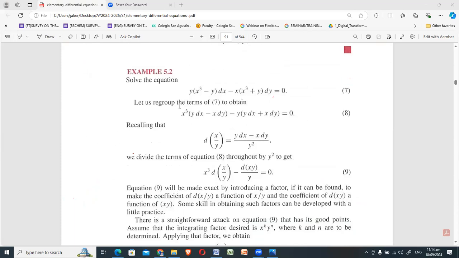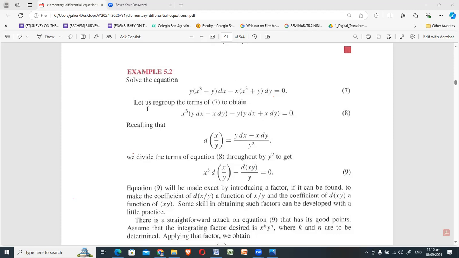You have y multiplied to the quantity x cubed minus y dx minus x multiplied to x cubed plus y dy equal to 0. Now in here, your M has 2 terms multiplied to y. Your N has also 2 terms multiplied to y.